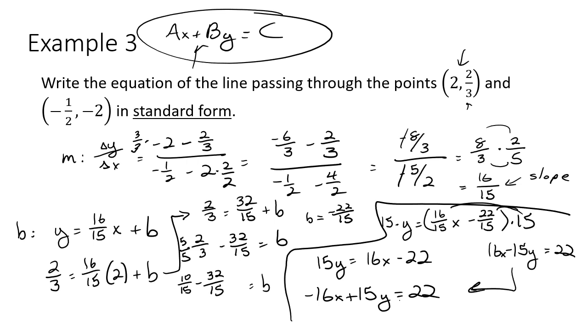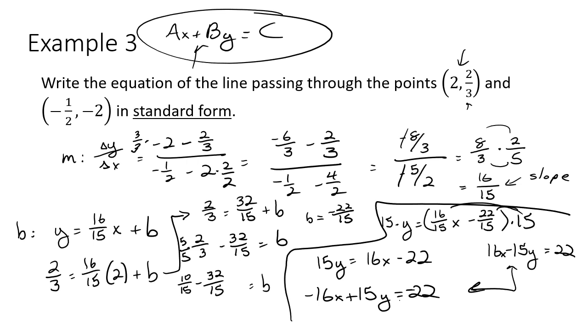Note these two forms are the same. The only difference is that you would multiply both sides of one by negative 1 to get the other. So they are equivalent to each other.